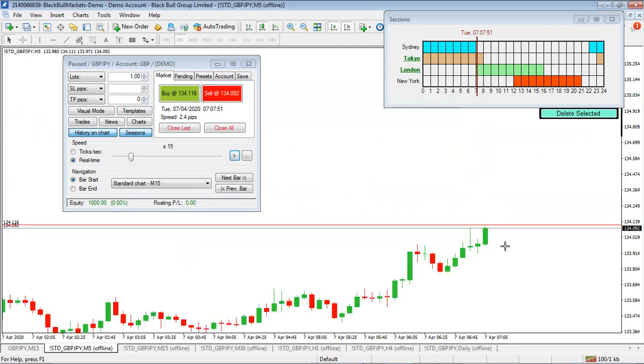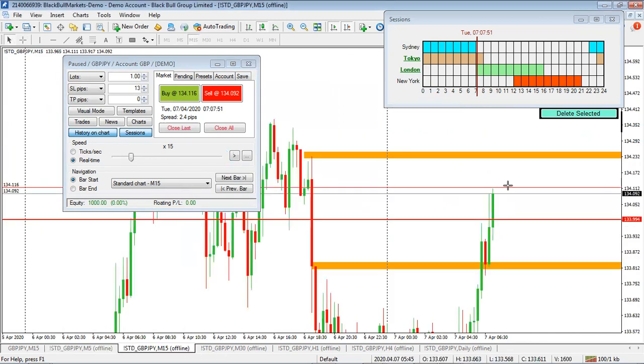See, I can go 13 pips, I'm still okay with that. Let's go to 15. Now, for us to realize this is about 12 pips, that doesn't make sense.